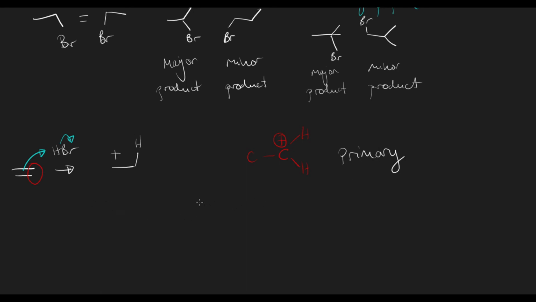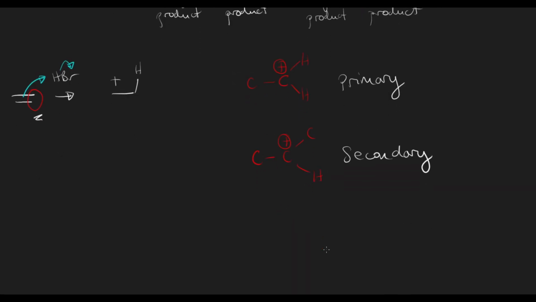Or in the red position over here, if in that red position I had one additional carbon bond, then I would have a secondary carbocation, so that would look like this. And if in that red position I had two carbons bonded to the carbon, then I would have a tertiary carbocation.